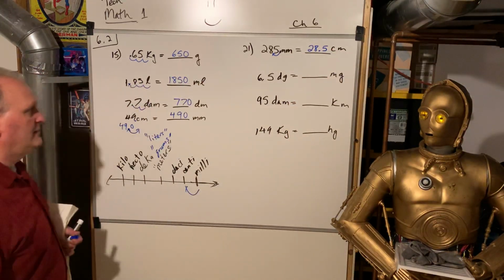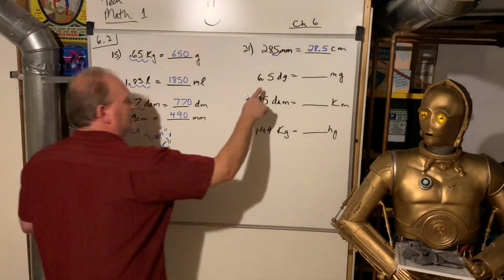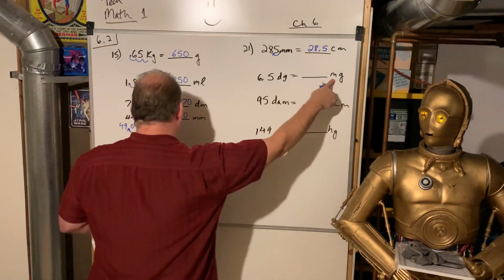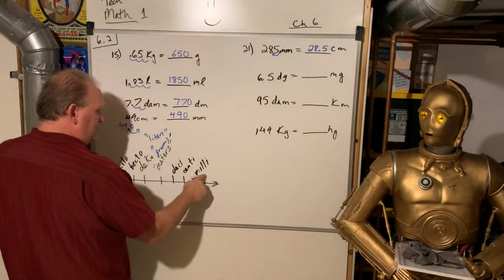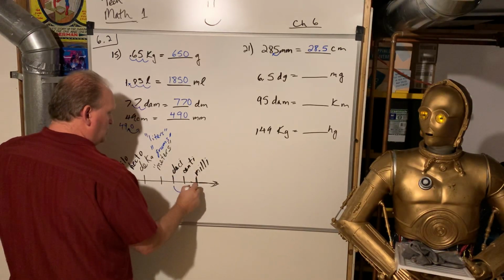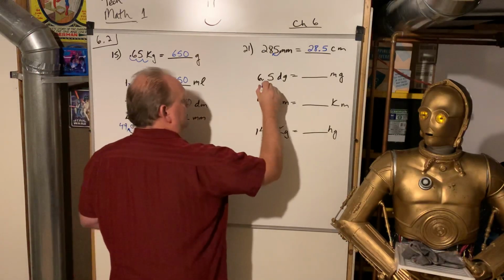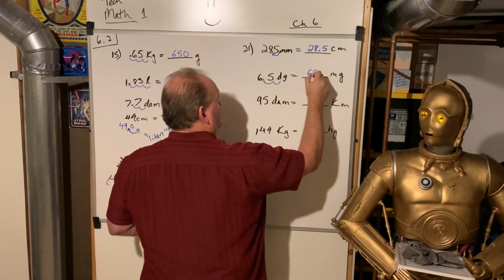All right. Deci to milli. From deci to milli, that's 2 places to the right. That would be 650.